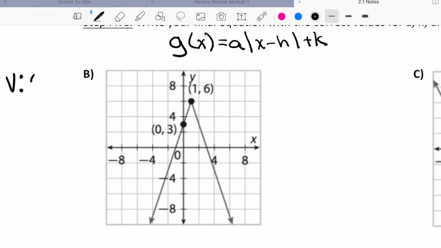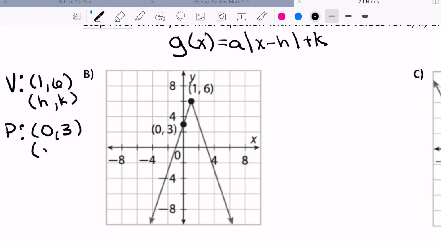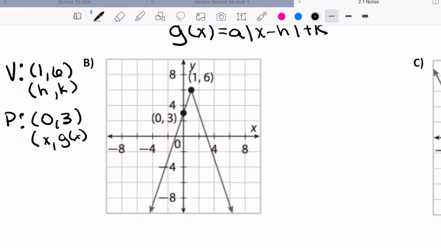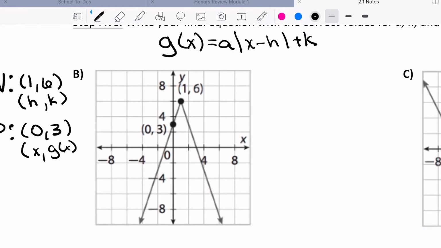Our vertex is located at (1, 6). Remember, this is going to take the place of h and k. And then our additional point listed is (0, 3). This is going to take the place of x and g of x. And this will allow us to solve for a. So let's plug these in. We're going to plug in all 4 at once into the equation.